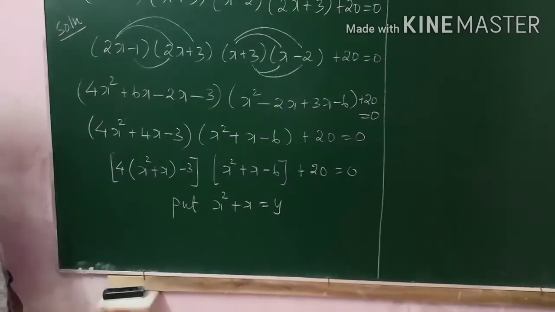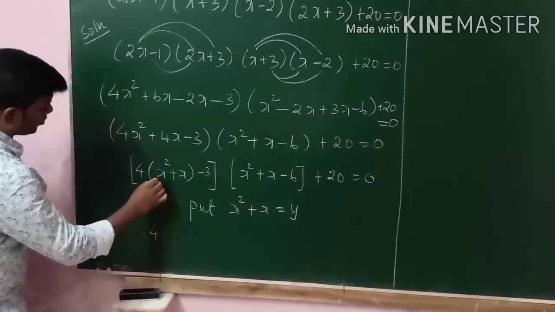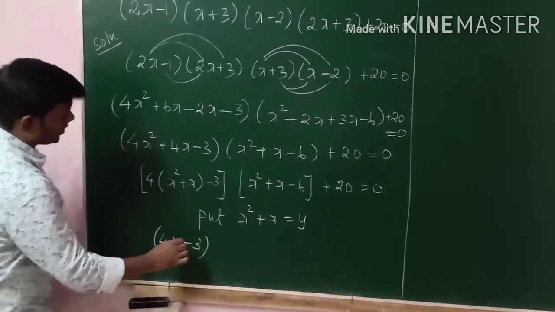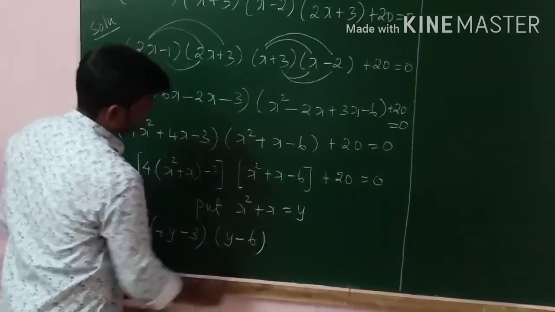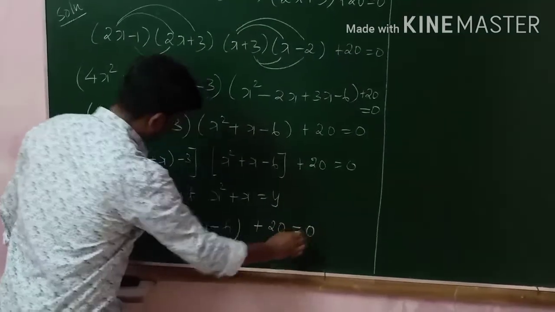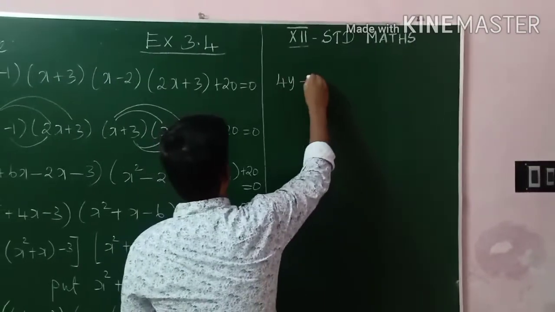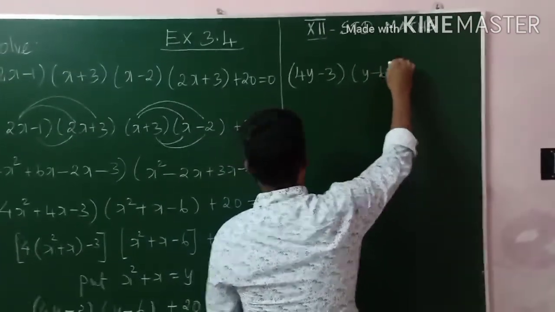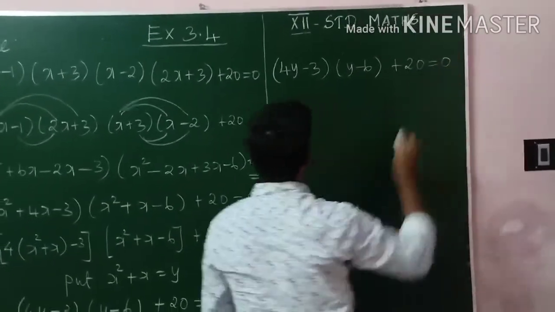So put x square plus x is equal to y, so that we can get 4 into (x square plus x is what? y minus 3) into (here x square plus x is what? y minus 6) plus 20 equal to 0. So what is that? (4y minus 3) into (y minus 6) plus 20 equal to 0.